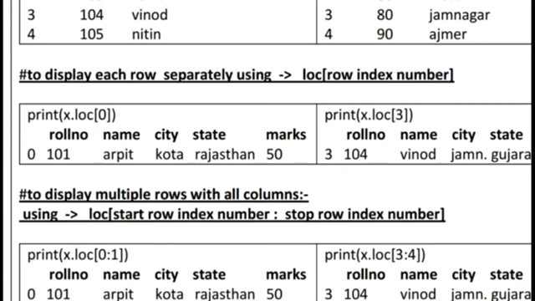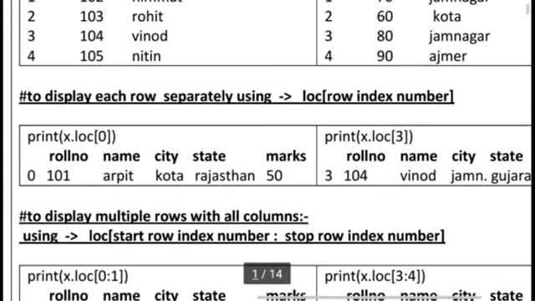In NumPy we never use loc, we can directly use square brackets to access a particular row. But in a data frame, if you want to access a particular row, we always use the loc method, or the loc concept.